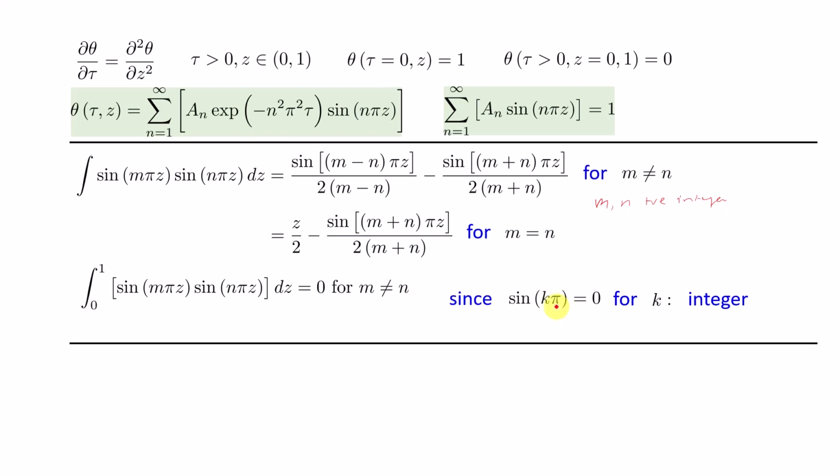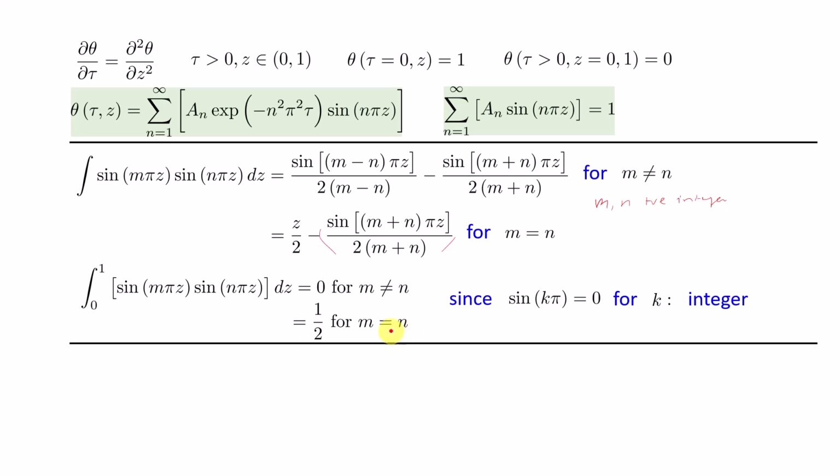Sine pi, sine 2 pi, sine 3 pi, etc., are all 0. Therefore both these terms will be 0, and the integral is 0 for m not equal to n. For m equals n, the second term will be 0, but the first term will remain. Therefore, this will be 1 by 2 for m equals n.